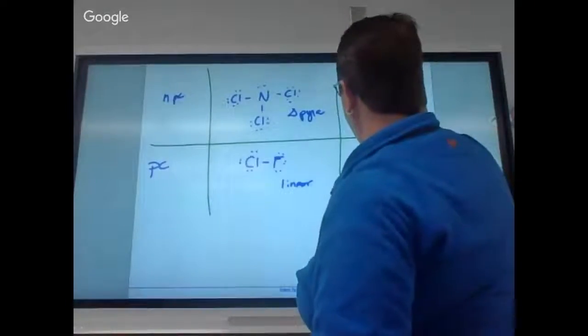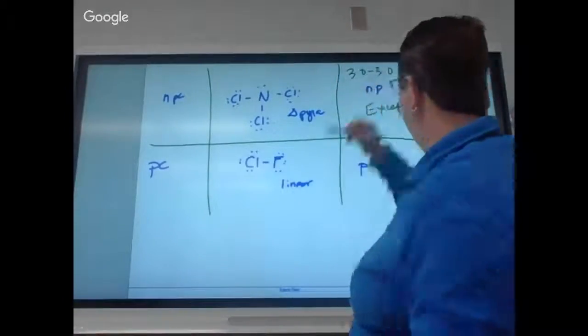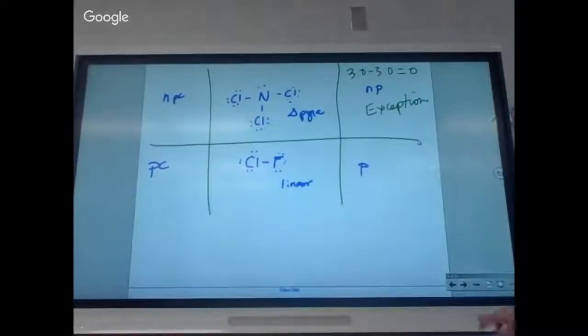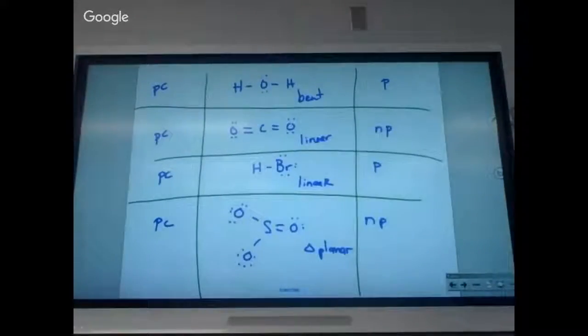Can we go back one slide? I have 2 questions. For SO3, what makes it planar?